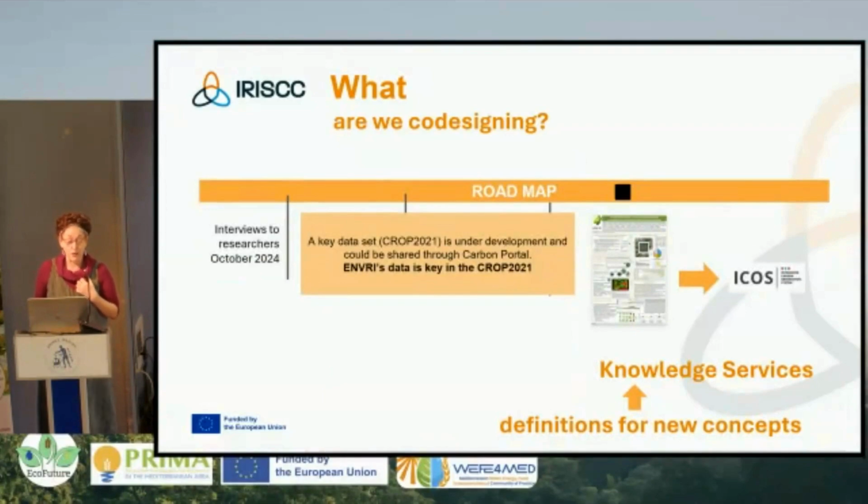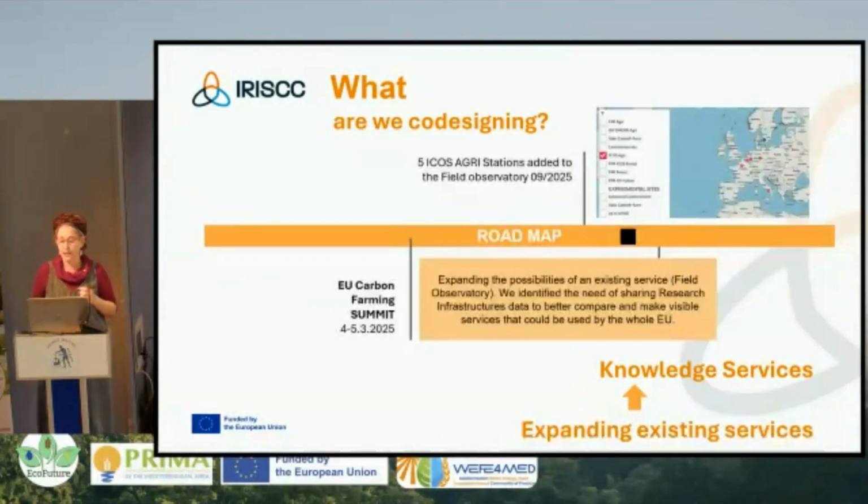When we did interviews with the researchers, we understood that there is a key data set that is called the CROP 2021 and is underdeveloped, and this could be shared through our Carbon Portal. So we are working on that. And also, we have been expanding the possibilities of existing services, which is the Field Observatory.